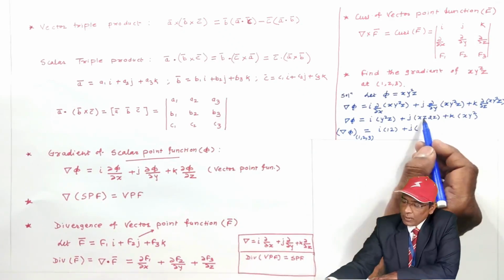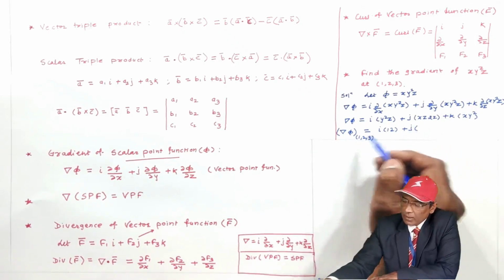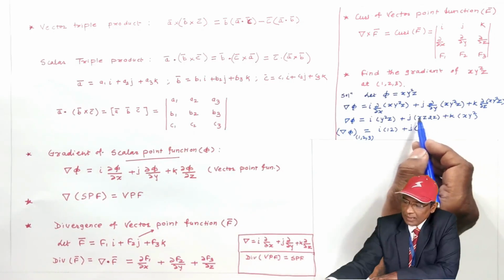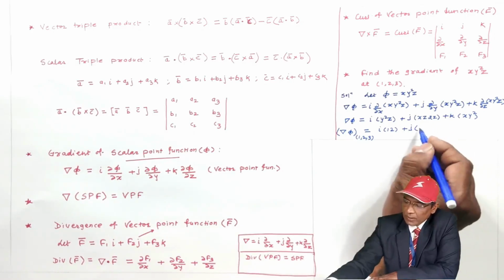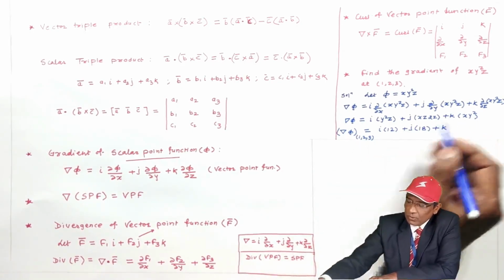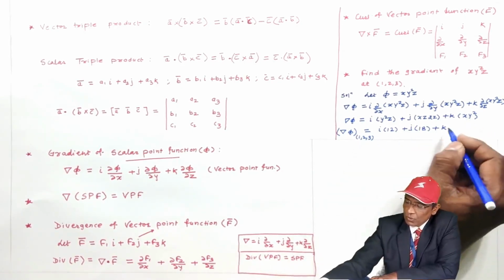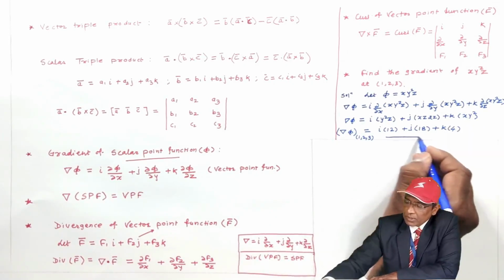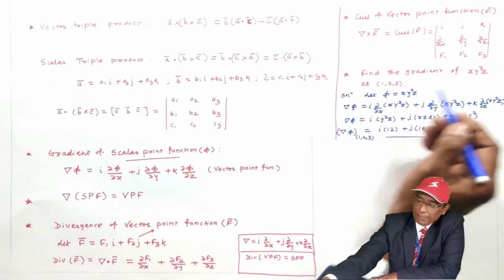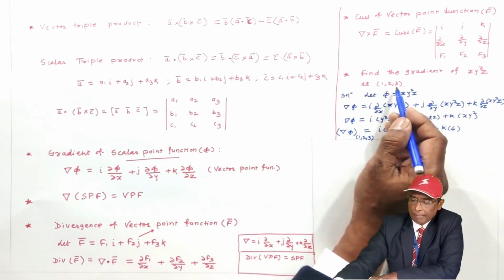Here put x equal to 1 and z equal to 3, means 3 into 2 is 6, 6 into 3 is 18, 18 into 1 is 18. Here put x equal to 1 and y equal to 2, means 2 square is 4, 4 into 1 is 4. So this is the gradient of x y square z at the point 1, 2, 3.